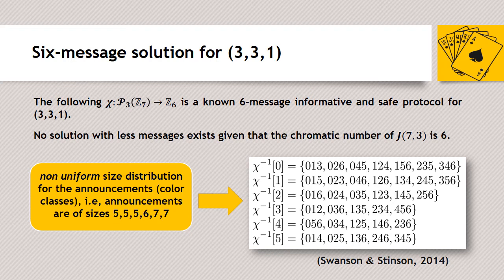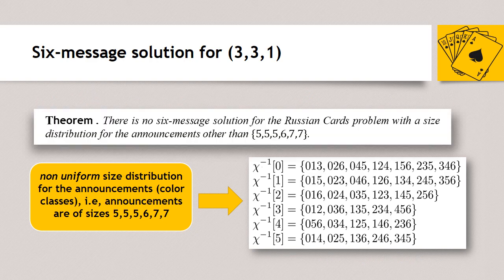Unlike the 7-message solution that we presented before, for this protocol the size distribution for the announcement or color classes is not uniform, since we have announcements of different sizes. Namely, 3 announcements are of size 5, 1 announcement is of size 6, and 2 announcements are of size 7. Then our last result is that, other than this size distribution for the announcements, no other exists for a six-message solution for the Russian cards problem.